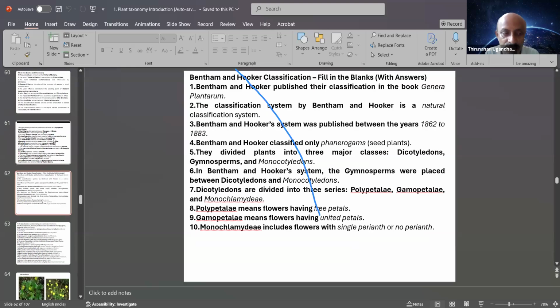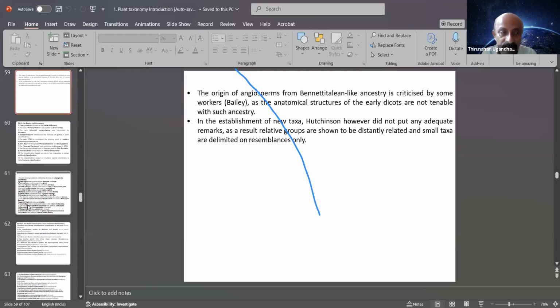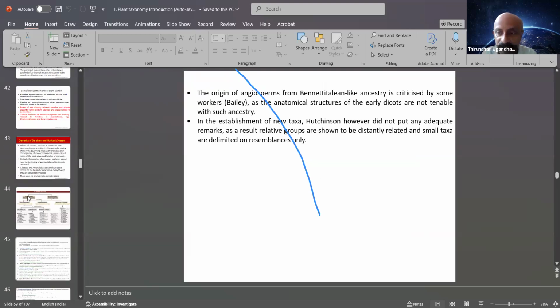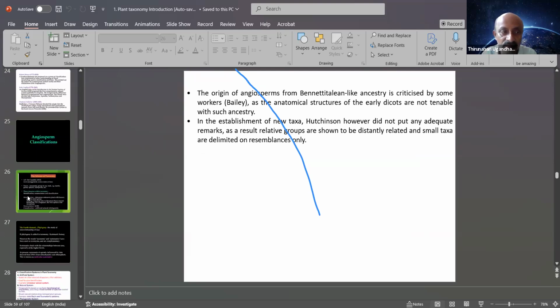That is an important bit. The Bentham and Hooker classification is highly valued in taxonomy, for both practical and theoretical purposes. This completes our today's class on the introduction to plant taxonomy, which is major for the identification, nomenclature, and classification of plants.